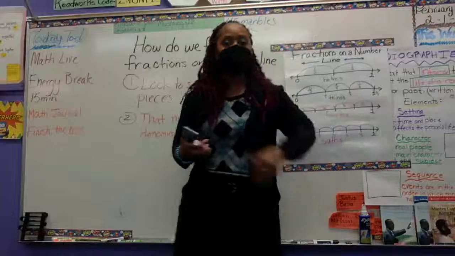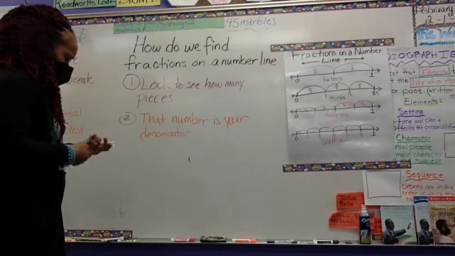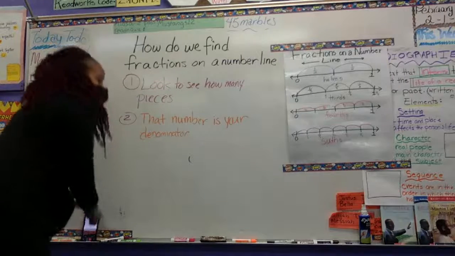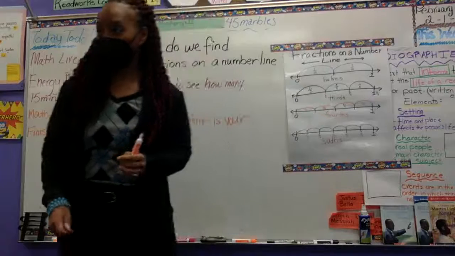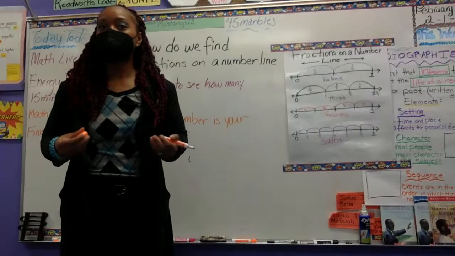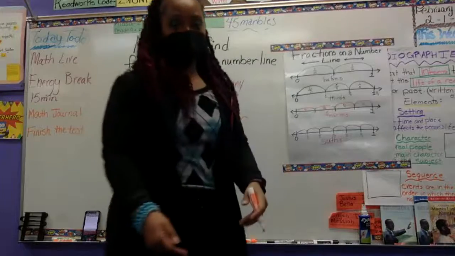Okay. Now, what we're going to notice is that you're going to see fractions that wind up having the same number in the numerator and the denominator. And guess what? We call that one what? One whole. So on my chart here, let me bring the camera a little bit closer so that friends online can see.